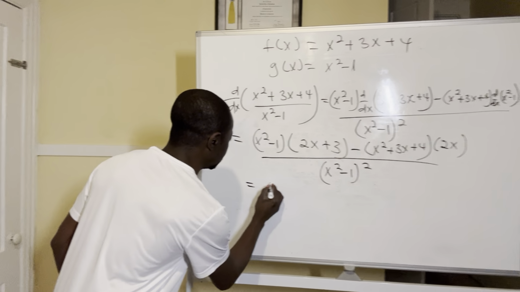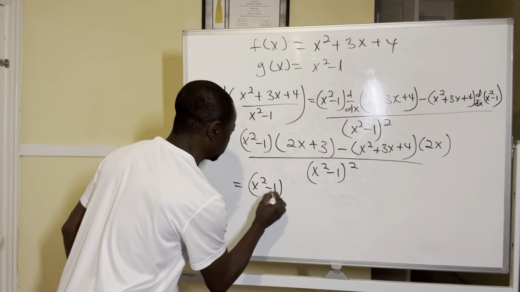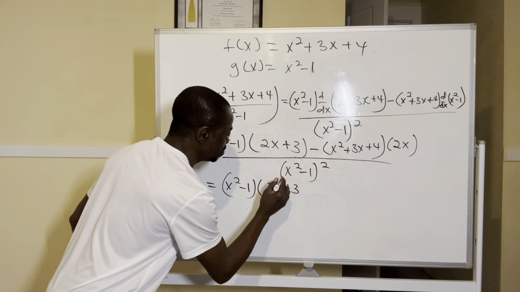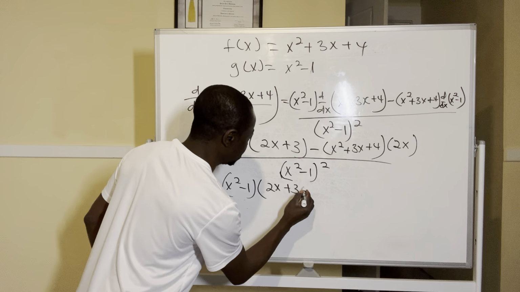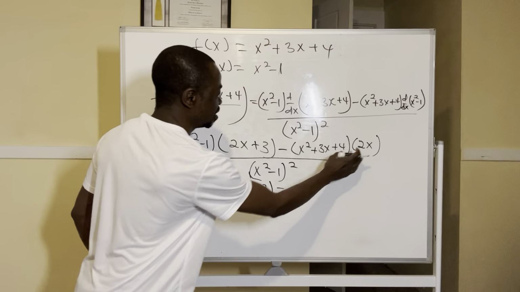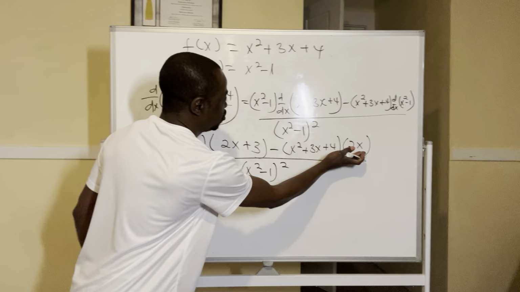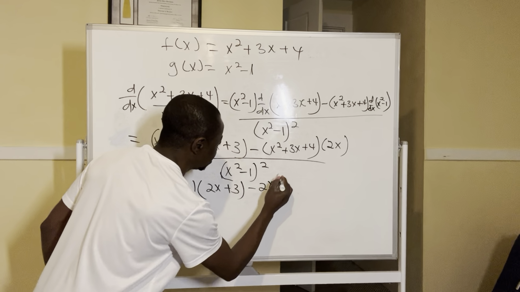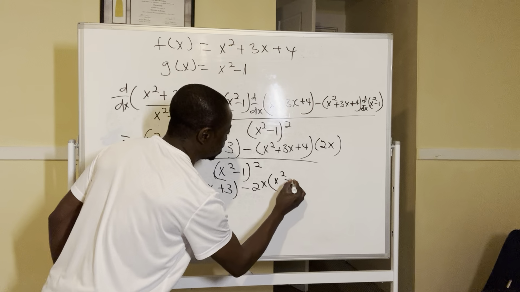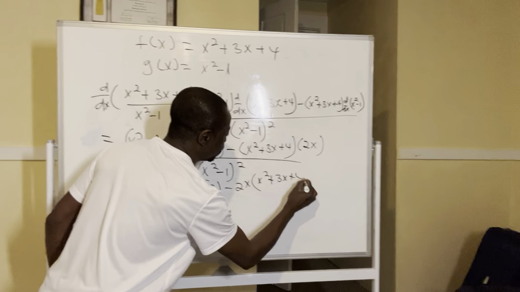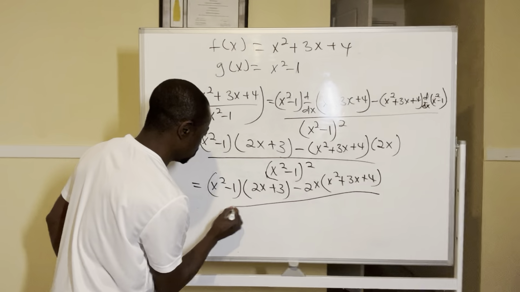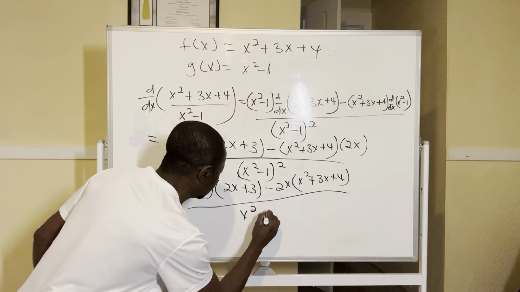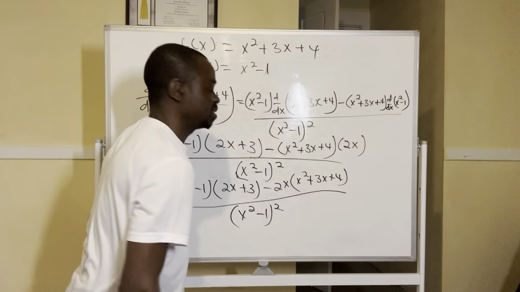So you can write it this way: x squared minus 1 in brackets (2x plus 3), and then minus 2x in brackets (x squared plus 3x plus 4), all over x squared minus 1 all raised to the power 2.